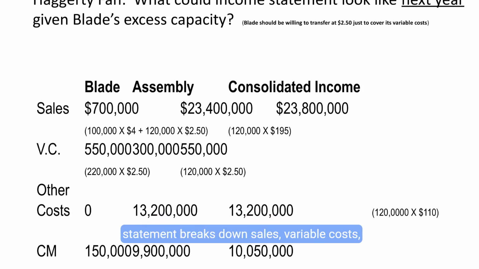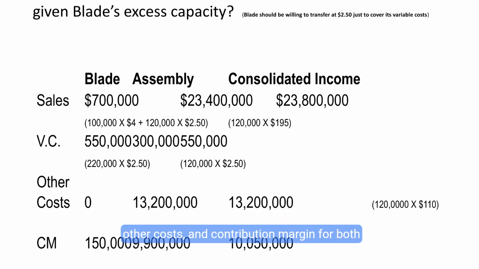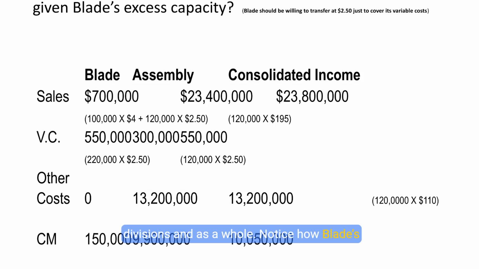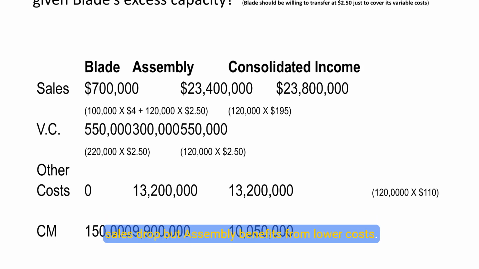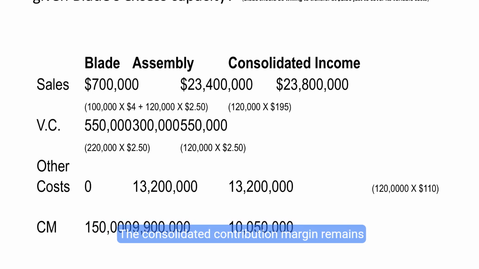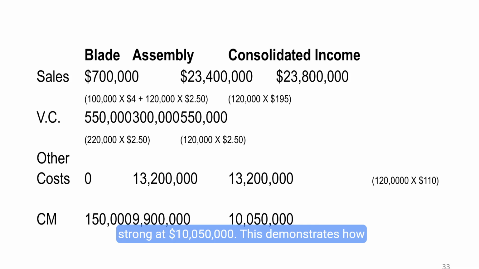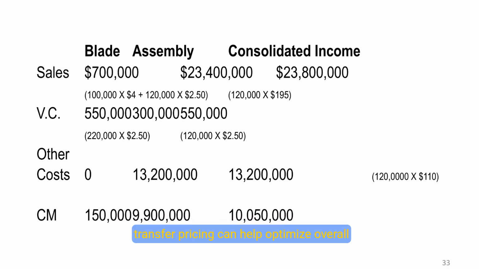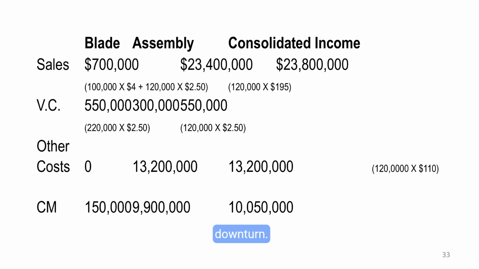The income statement breaks down sales, variable costs, other costs, and contribution margin for both divisions and as a whole. Notice how Blade's sales drop but Assembly benefits from lower costs. The consolidated contribution margin remains strong at $10,150. This demonstrates how transfer pricing can help optimize overall profitability even when one division faces a downturn.